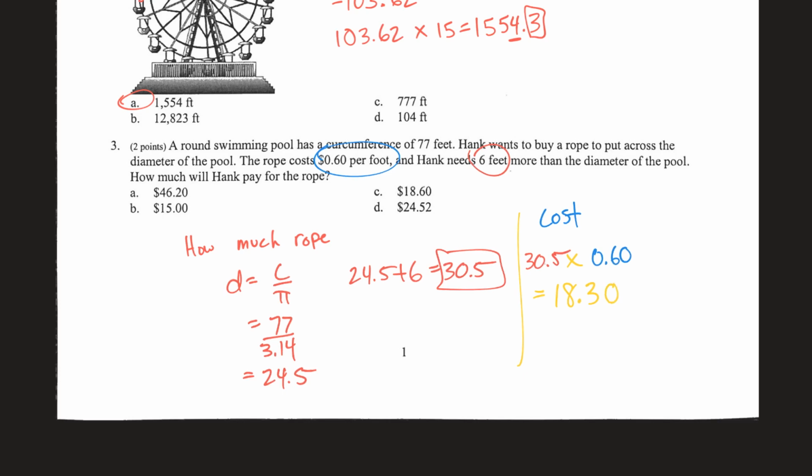Now I realize that there's no answer that's exactly $18.30, but this one is the closest, and probably what is happening is that this is a little bit more. Probably what I should have done is round this to 31, and 31 times 0.60 is probably $18.60. So that's probably what's happening, and this gets us close enough that the only possible answer is C. So I will circle C.